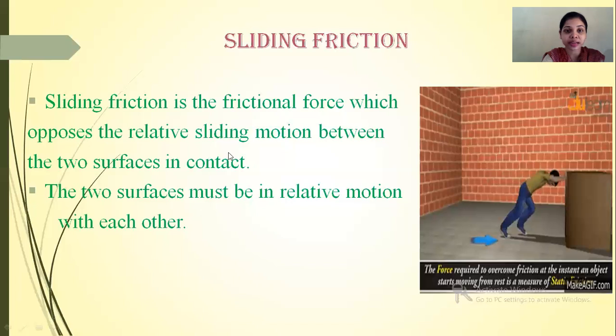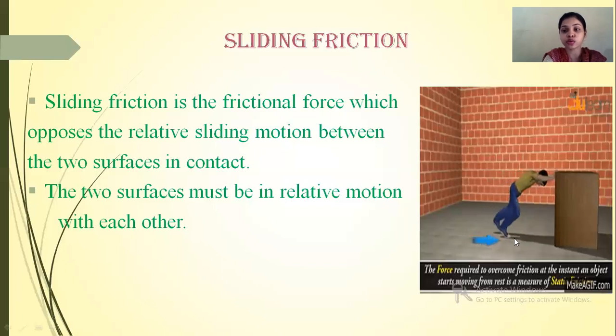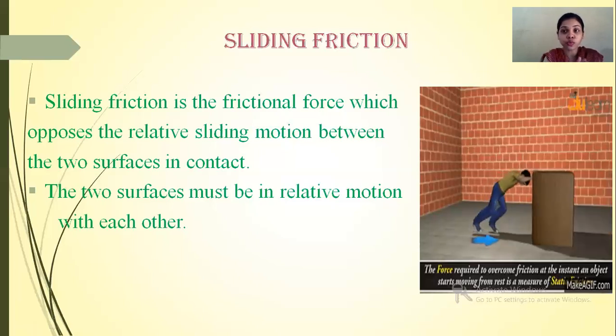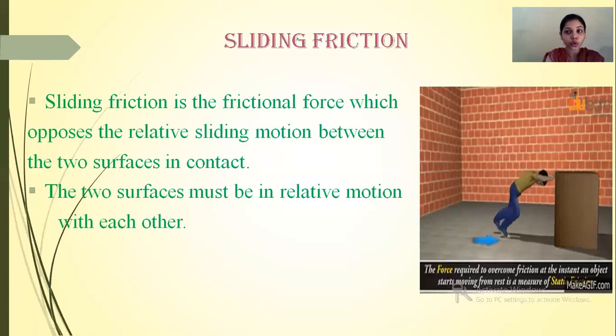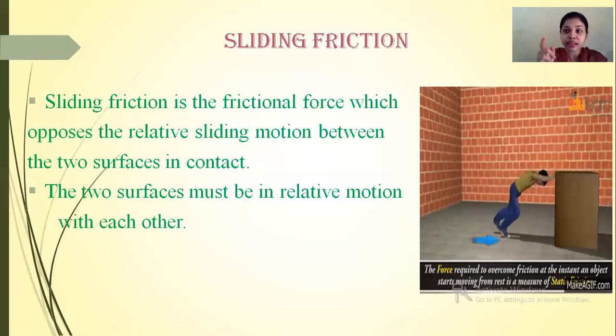Here the resistive force, or the opposing force, is the sliding friction, which opposes the motion of the moving object. If I want to drag some heavy bag, then who resists this motion? The sliding friction opposes this motion of the object.